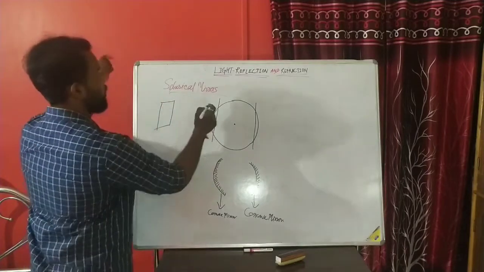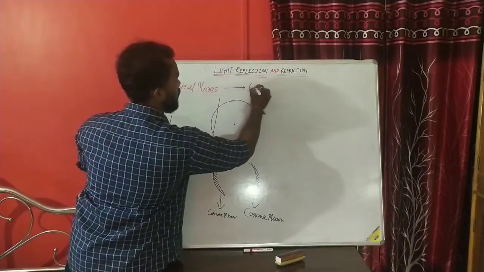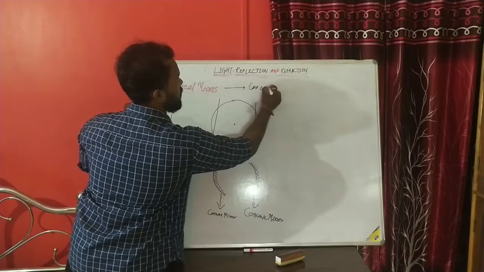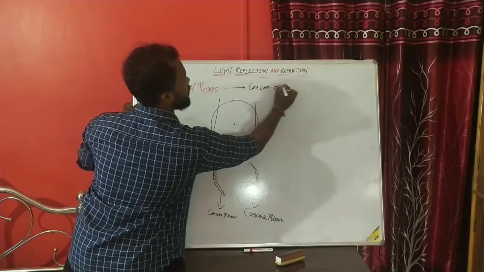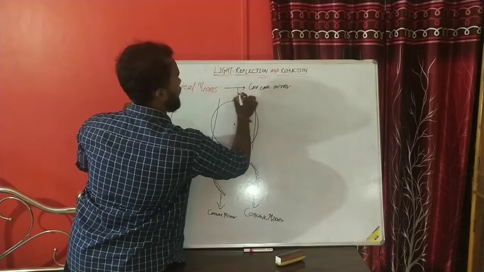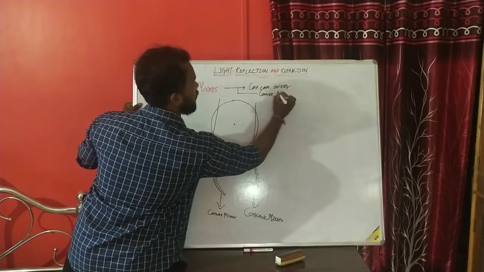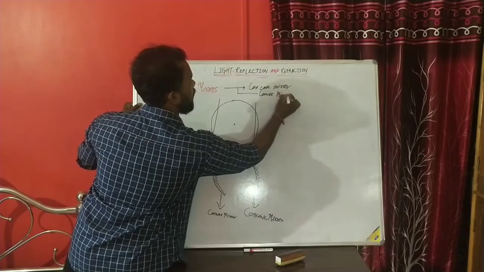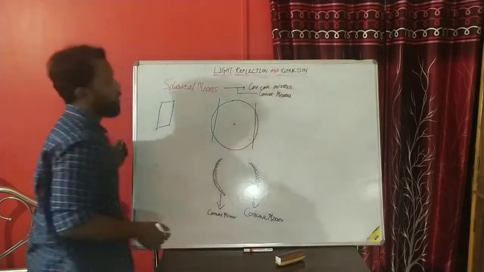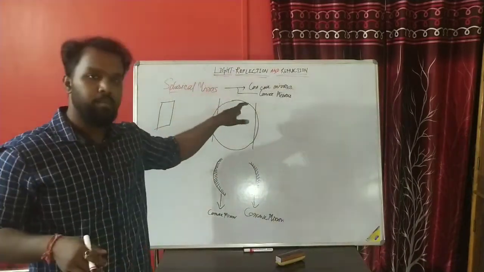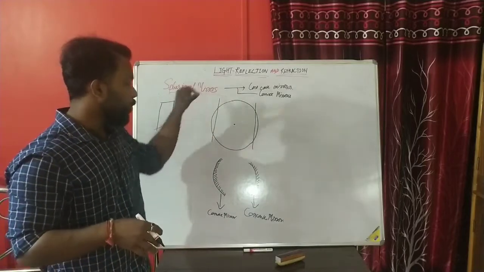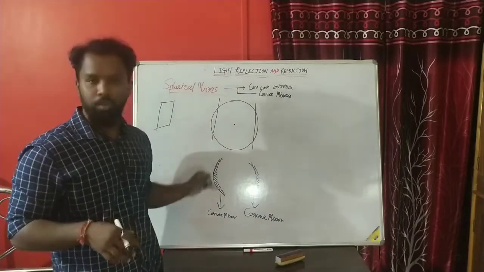Spherical mirrors include one, convex mirrors, and the other one, concave mirrors. These are two basic mirrors that we can get from a sphere.